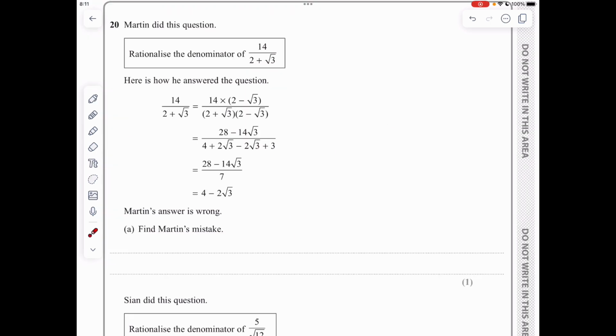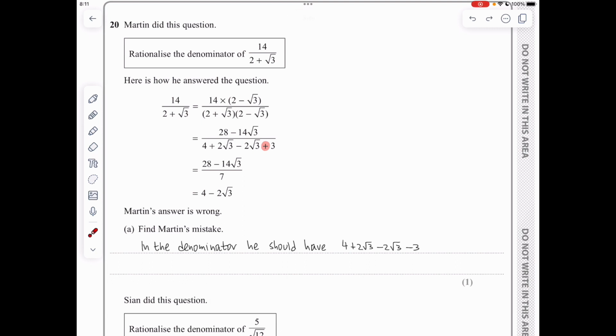In question 20, Martin was asked to rationalize the denominator of 14 over 2 plus root 3, so he starts off by multiplying by 2 minus root 3 over 2 minus root 3. He expands, everything is fine in the numerator. We are asked to find the mistake, and it's actually in the very last term in the expansion in the denominator where he has plus 3, because plus root 3 times minus root 3 is actually minus 3, so the mistake is the plus 3, and we need to explain the mistake.